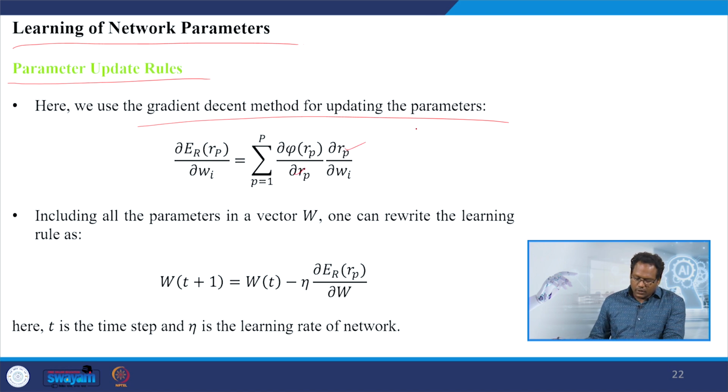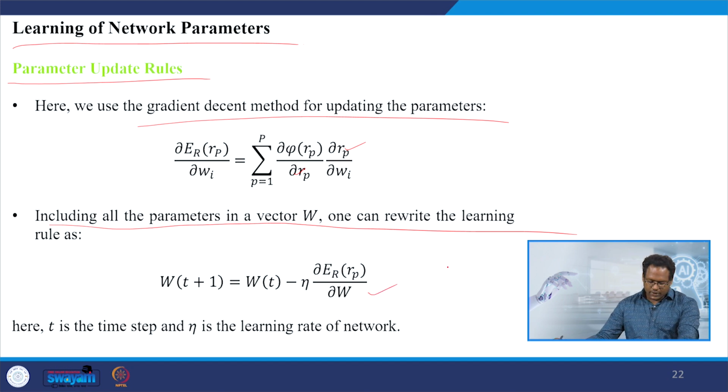Now, including all the parameters in a vector W, we can write the learning rule as W of t plus 1 equal to W of t plus delta W, where delta W is given by eta, the learning rate, into dou E of R_p upon dou W. Here t is the time step and eta is the learning rate that varies from 0 to 1.